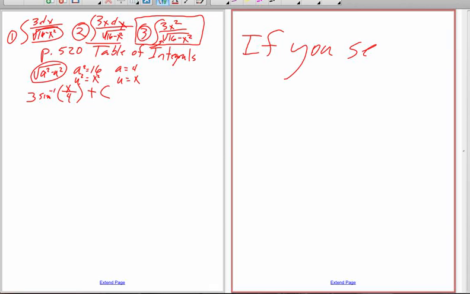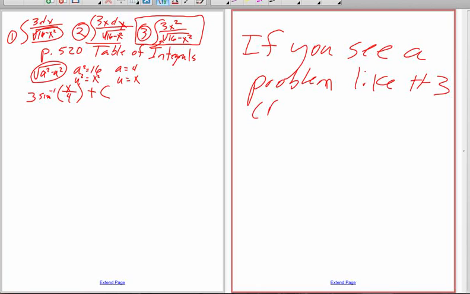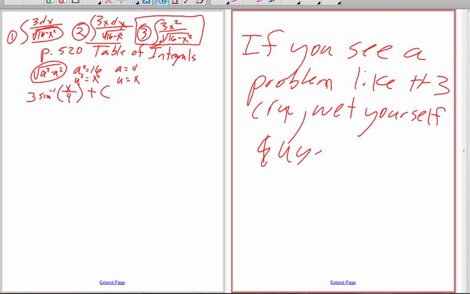If you see a problem like number 3, cry, let yourself, and use numerical integration. That's a nasty little puppy. Okay.